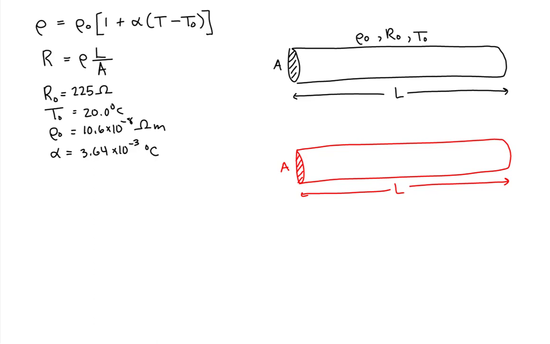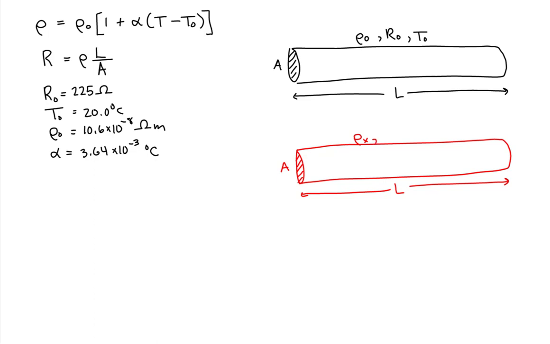Being placed in this oven, the resistivity of our thermometer will change because resistivity is dependent on temperature. I'll just call that resistivity X, at an unknown temperature.